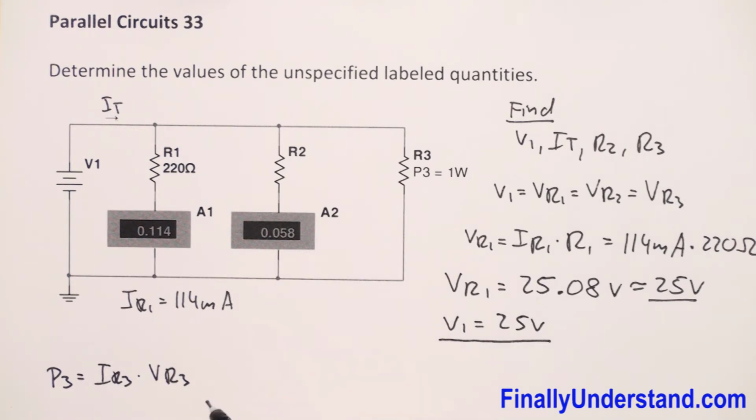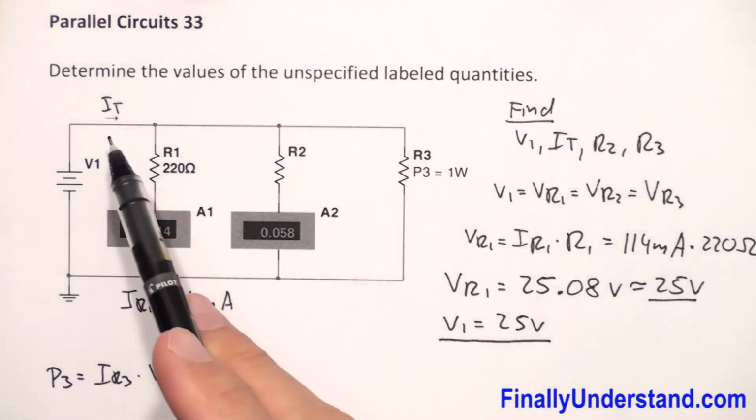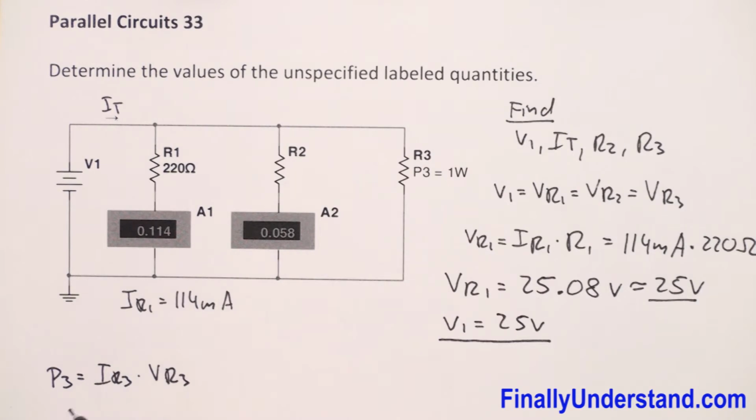So if I know the current, I can find I total. So solve this formula for I. Divide both sides of the equation by VR3.